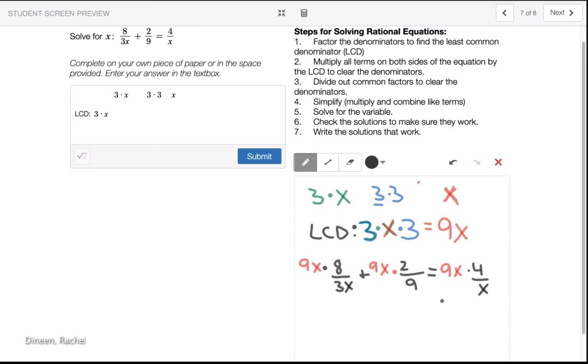If you are stuck on step 2, I have step 2 on the screen. Please ask questions if you are confused.